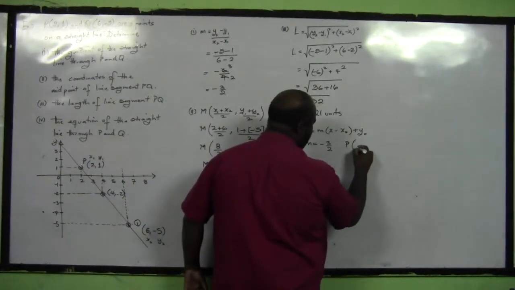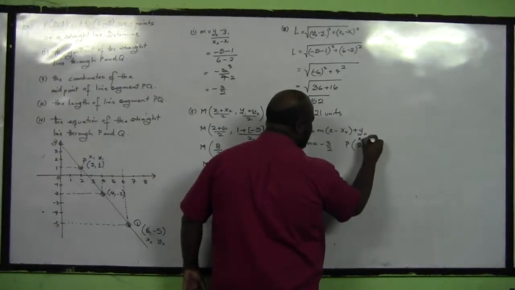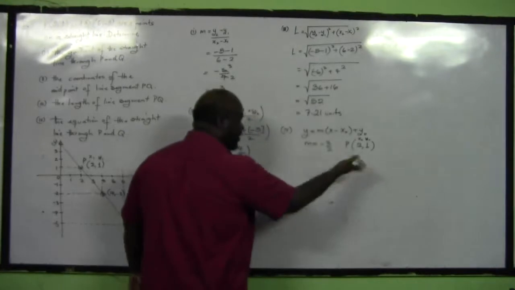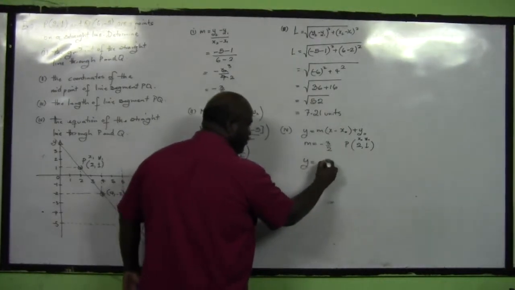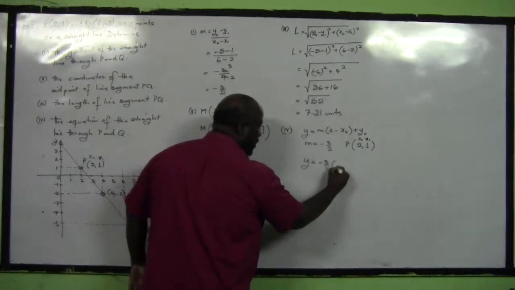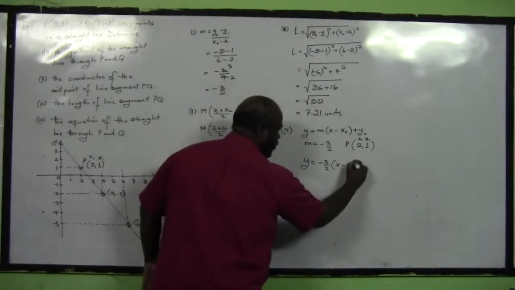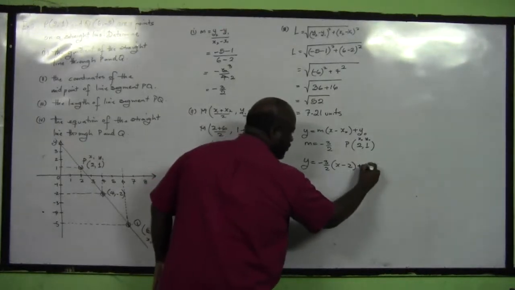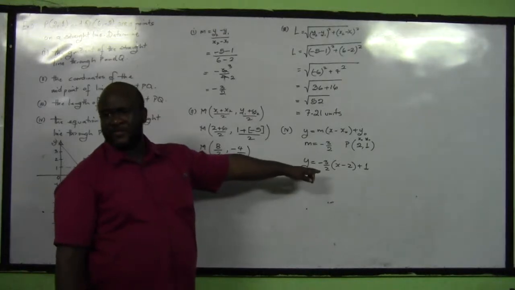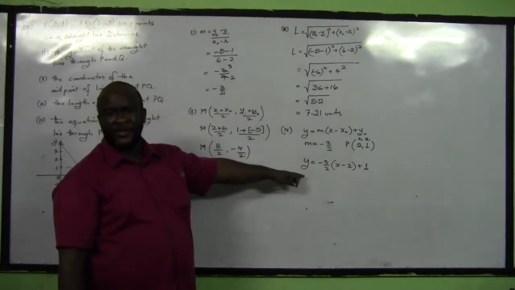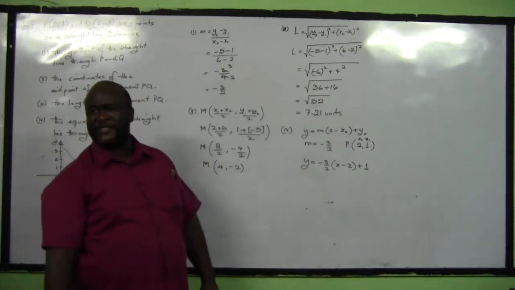P is 2, 1. This is x naught, y naught. Let's put in the values. Y equals, what is m? Minus 3 over 2, times x minus x naught, which is 2, plus y naught, 1. I'm going to remove the brackets by applying the distributive law, which says whatever is in the bracket is multiplied by what is immediately outside the bracket.